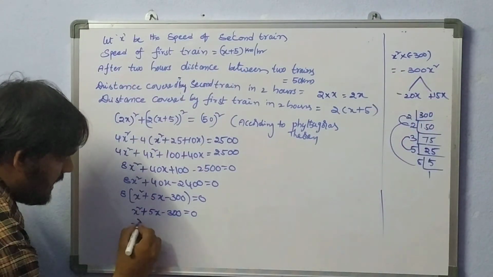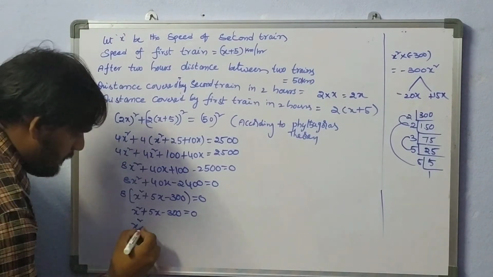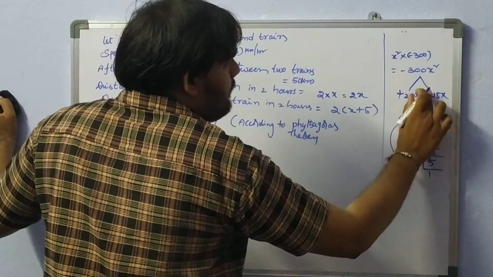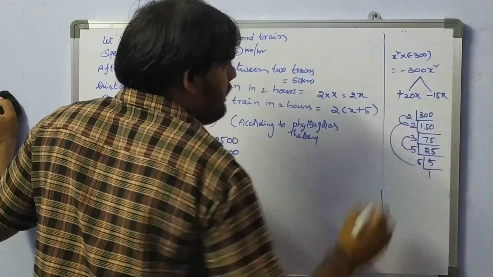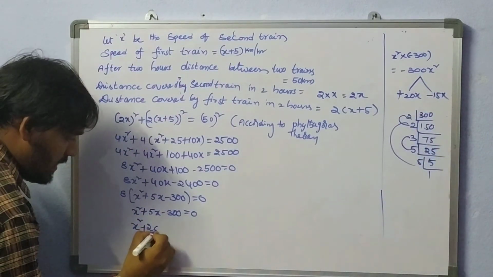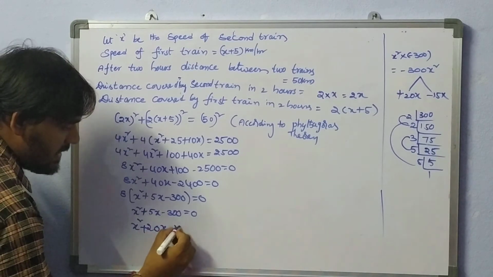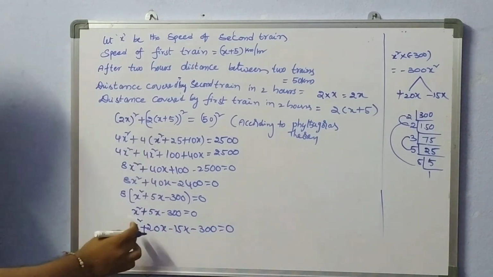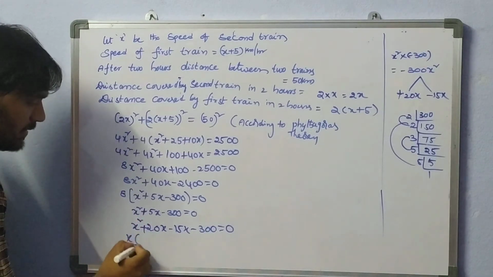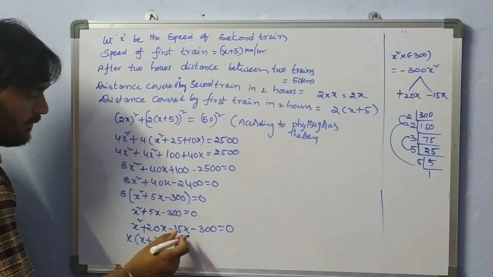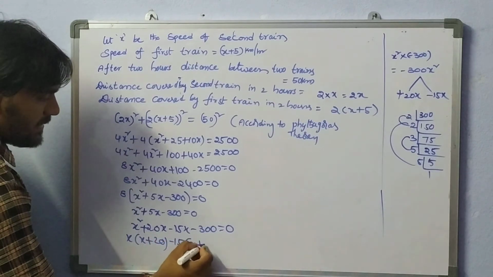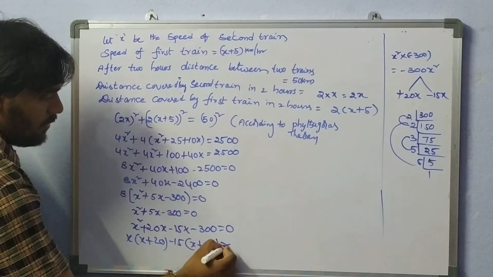Now we can write x square plus 20x minus 15x minus 300 is equal to 0. From this take x as common, x plus 20, from this take minus 15 as common. Now x plus 20 is equal to 0.